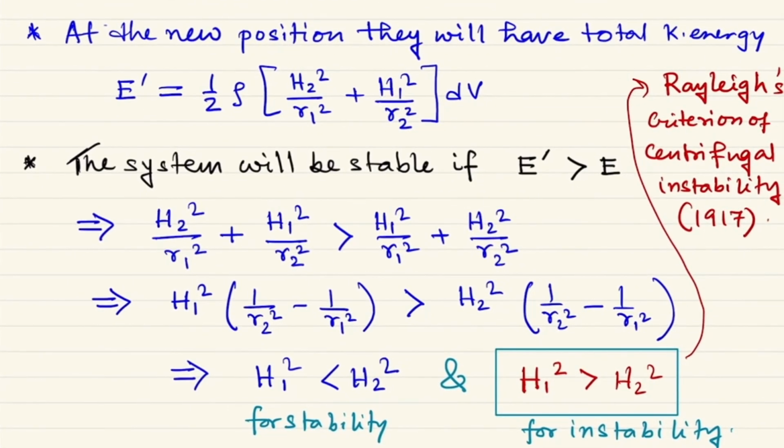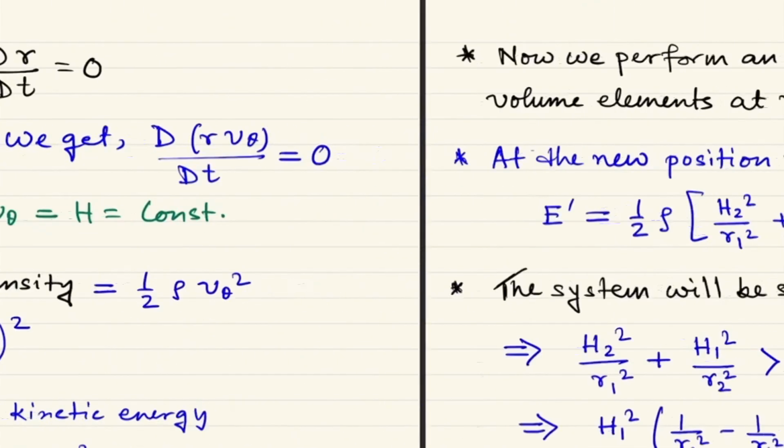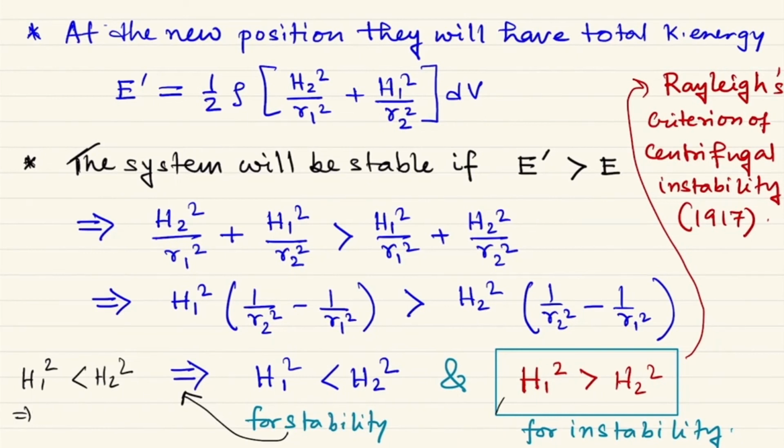So another way of writing this, for stability, is that we need h1 squared to be less than h2 squared. By the definition, r1 squared v theta 1 squared will be less than r2 squared v theta 2 squared.